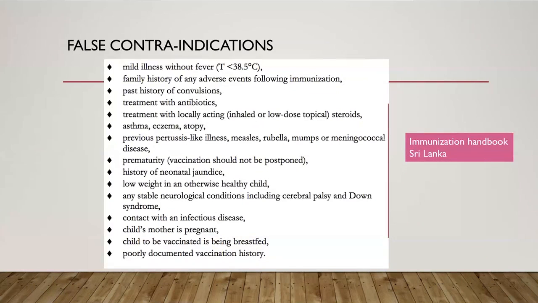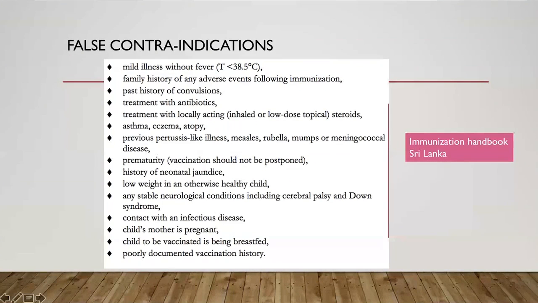There are false contraindications. Many doctors, nurses, or midwives sometimes have false contraindications. So these are the contraindications which are false, which do not need postponement or avoidance of vaccines.